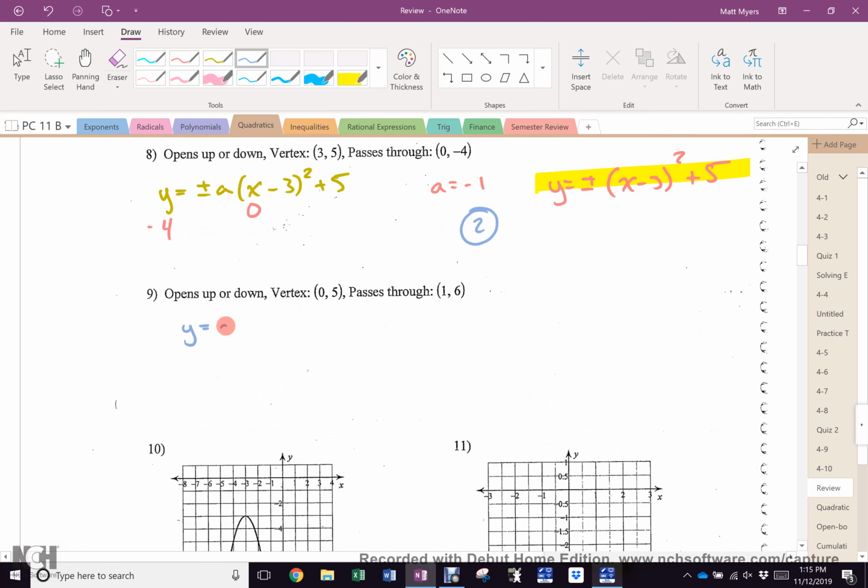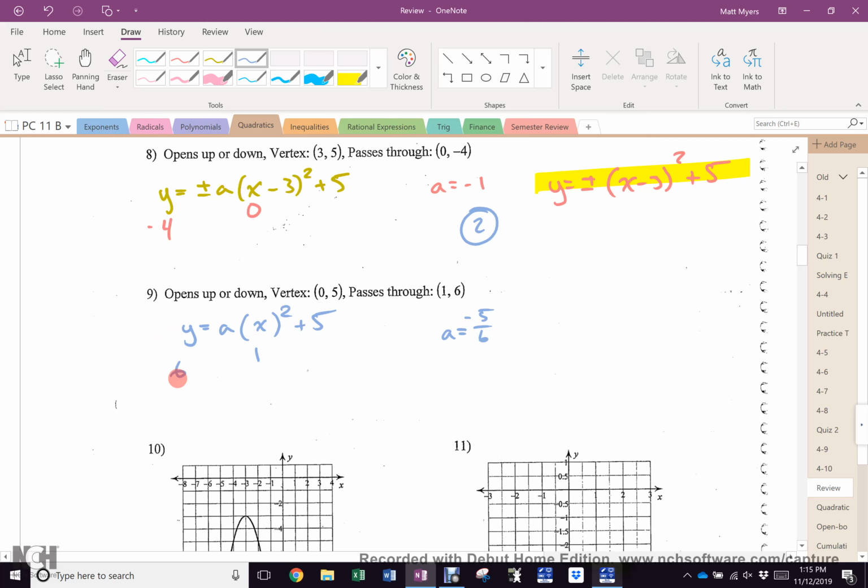Y equals, let's just leave it as a, x squared, just x, because there's nothing there, squared plus 5. Then sub in 1 and 6. A equals negative 5/6. Right?